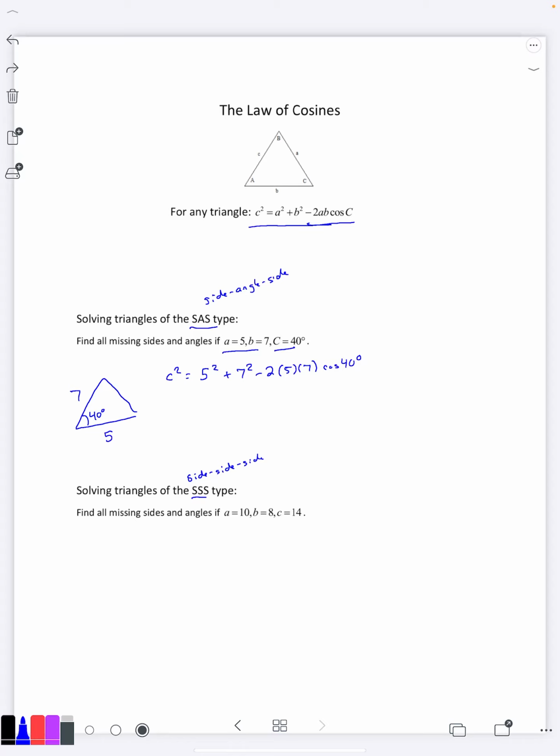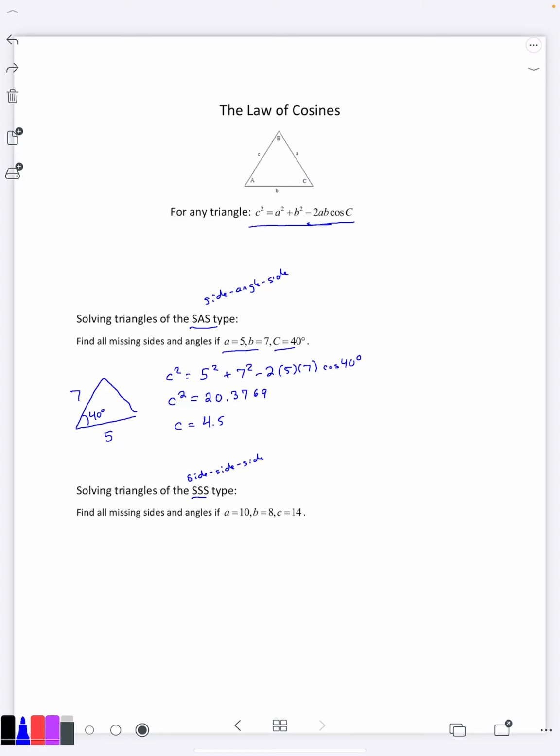So we put this in our calculator here, 5 squared plus 7 squared minus 2 times 5 times 7 times cosine of 40, and I'm getting c squared is 20.3769, and if you square root that and round to one decimal place, I get 4.5.